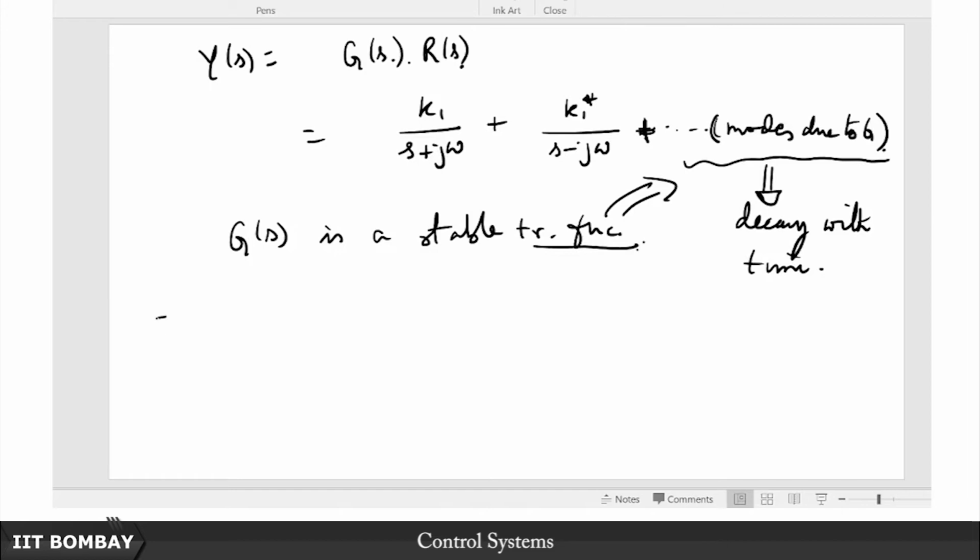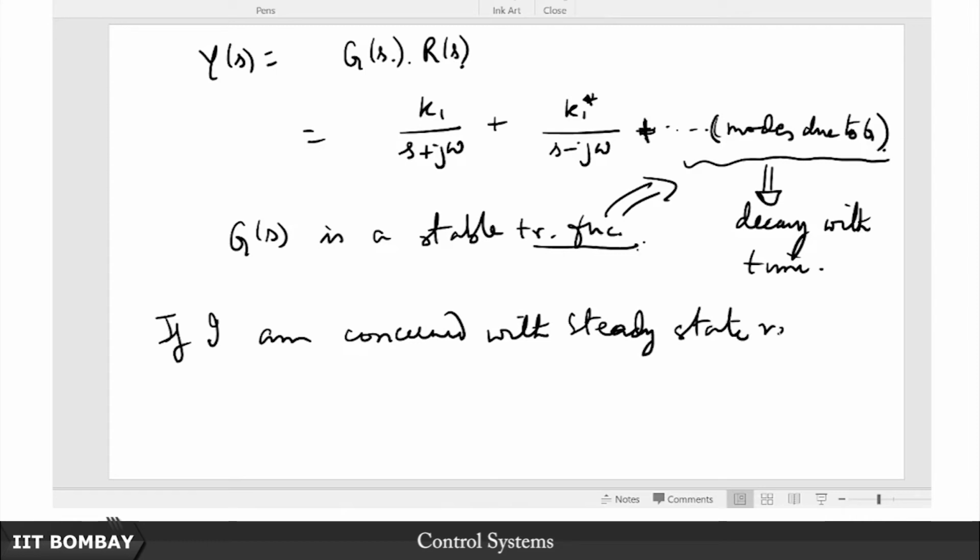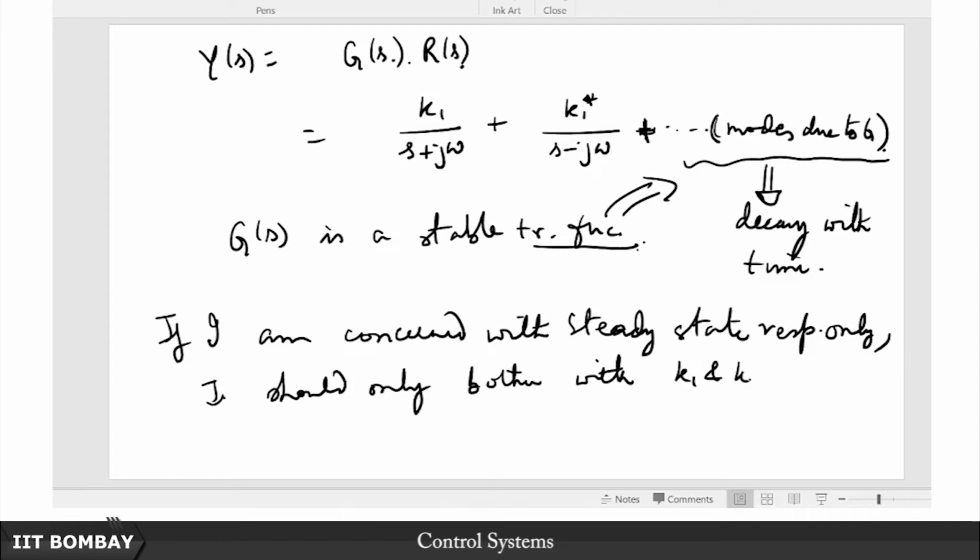So now if I am concerned with steady state response only, I should only bother with k1 and k1 star. So the moment I know k1, I know k1 star as well. Makes sense, right?